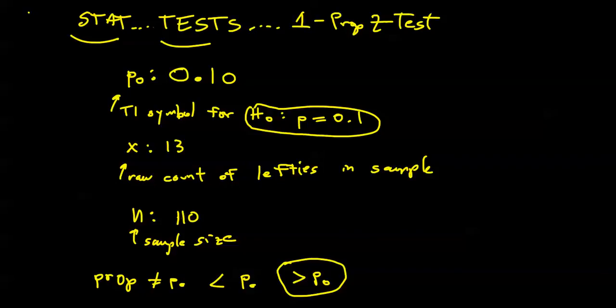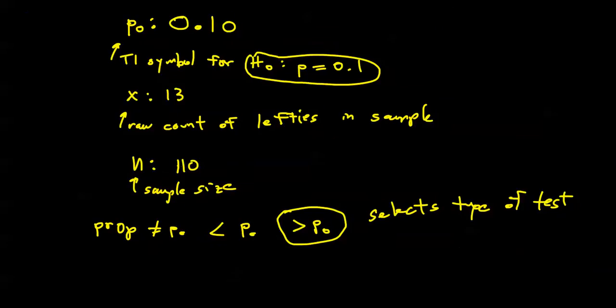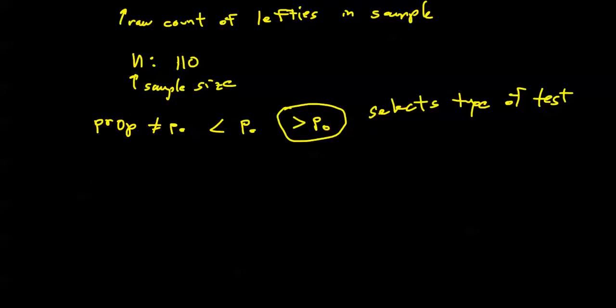So I highlight greater than P sub 0, select it. Again, this part of the command selects the type of hypothesis test, and here it's going to be a right-tailed test. Once I enter all that data, of course I'll highlight and select calculate and get the following result screen.